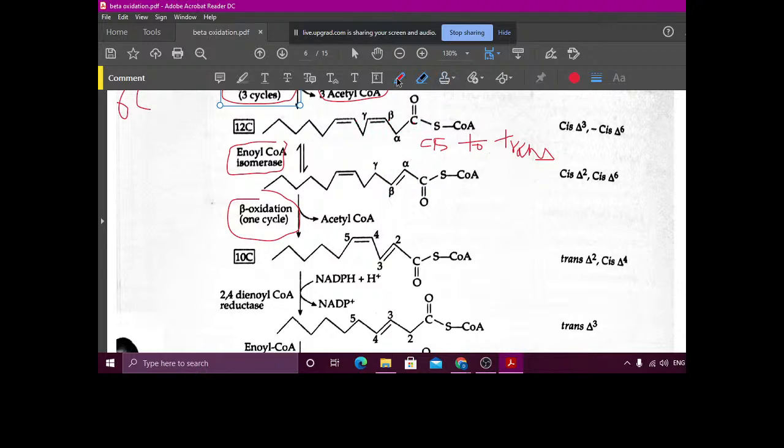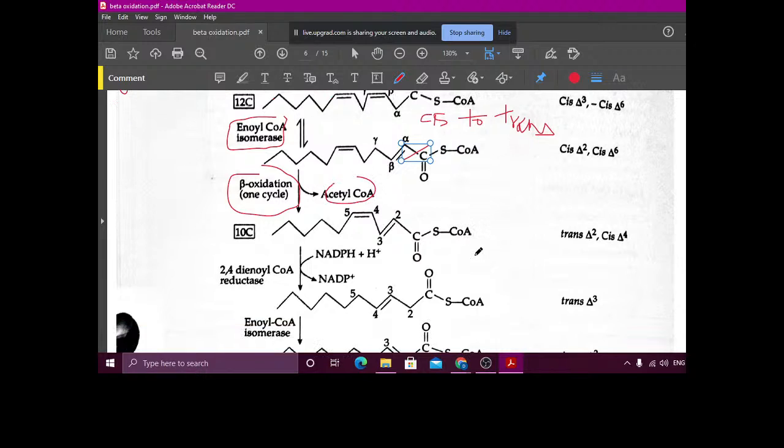One cycle takes place here and one acetyl coenzyme A goes away. It becomes 10 carbons now: 1, 2, 3, 4, 5, 6, 7, 8, 9, 10.